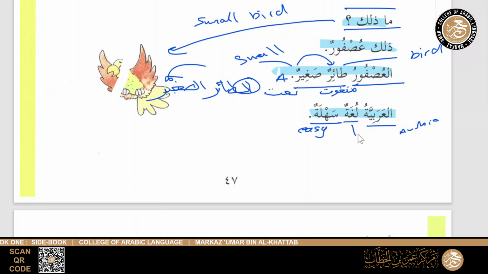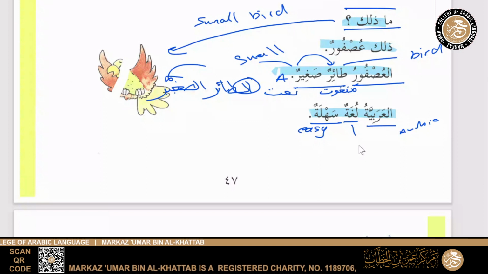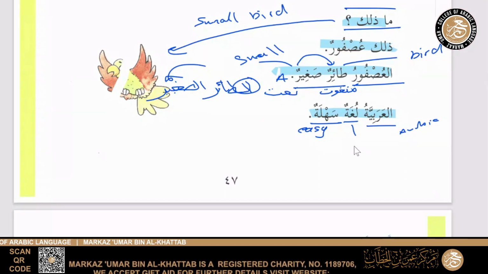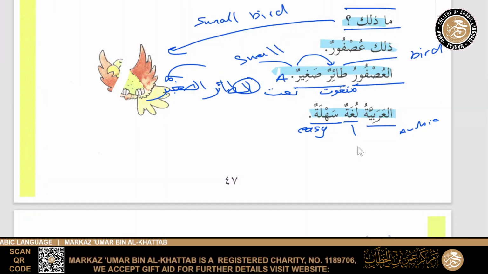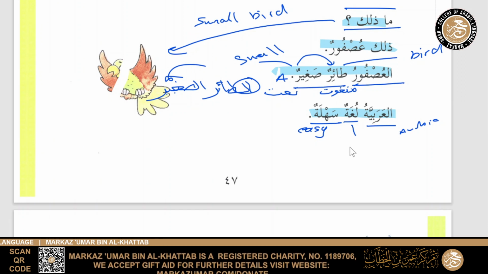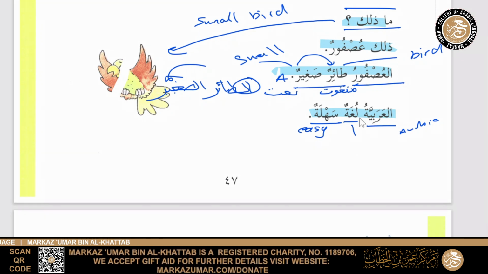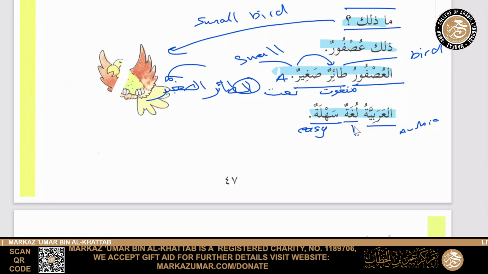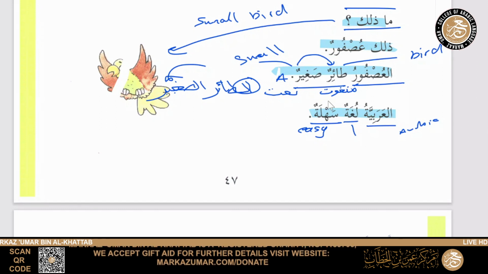So Arabic is لغة سهلة, an easy language. And wallahi, it is an easy language. Arabic is very straightforward, not like English and other languages. العربية لغة سهلة. So Arabic is an easy language.